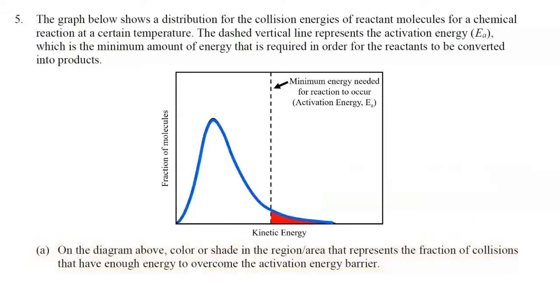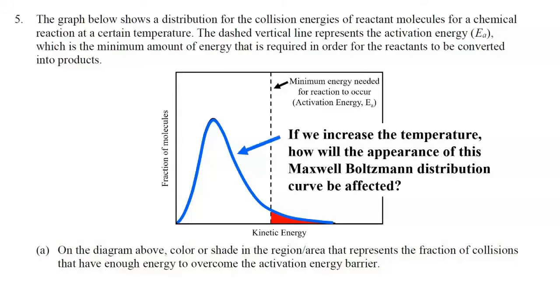Let's think about temperature for a moment. Here is our Maxwell-Boltzmann distribution curve for the collision energies of the reactant molecules at a certain temperature. If we increase the temperature, how will the appearance of this curve be affected?